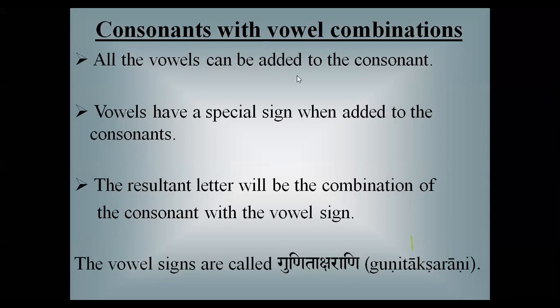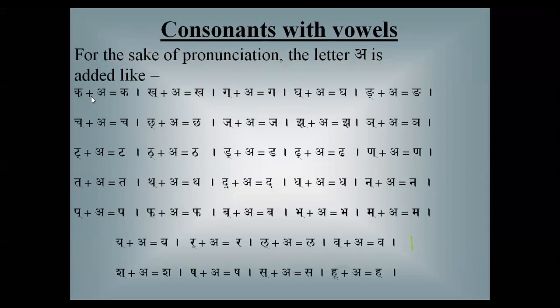For example, we saw in the previous one, the consonant plus the vowel, and the nether stroke vanished. Therefore, ka, kha, ga, gha, all these are without the nether stroke. It means it's a consonant-vowel combination, right?